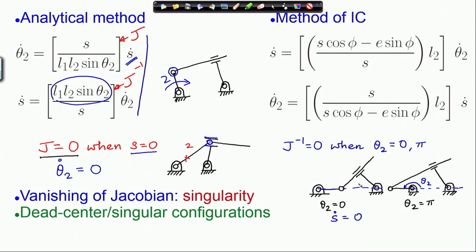So, in other words, while this link can rotate, the rate of change of distance s is 0.